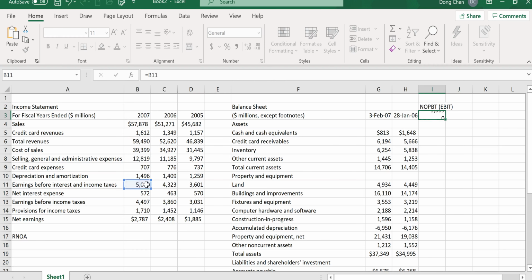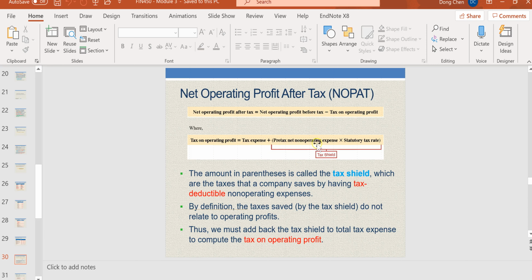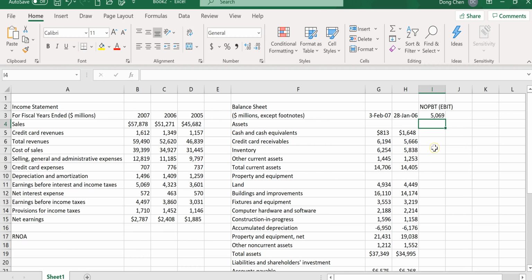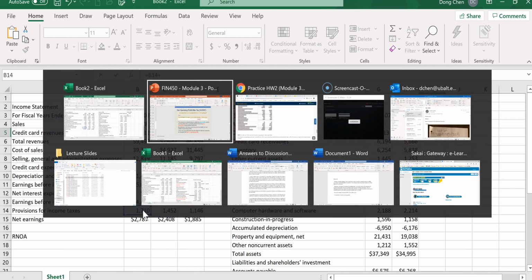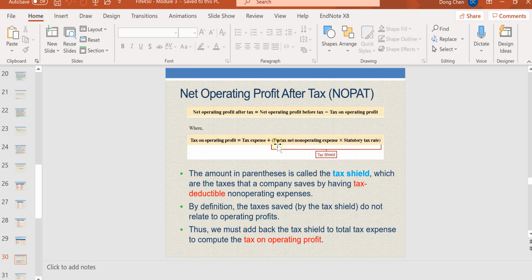We just copy this number here. EBIT is right here. And then after that, we need to get the tax on operating profit. This equals the tax expense, which is the provision for income tax right here, plus pre-tax net non-operating expense times the statutory tax rate.